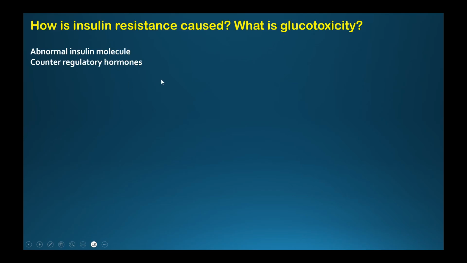What are the hormones? Can you name the counter-regulatory hormones? Yes, sir. Glucagon, adrenaline, noradrenaline. Norepinephrine is a counter-regulatory hormone. Catecholamine.